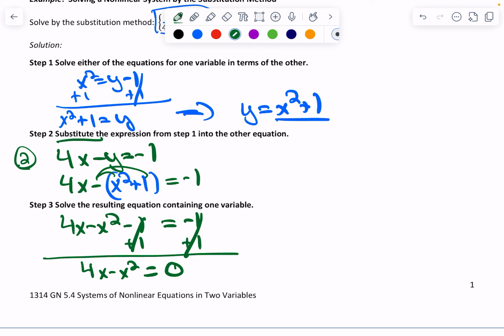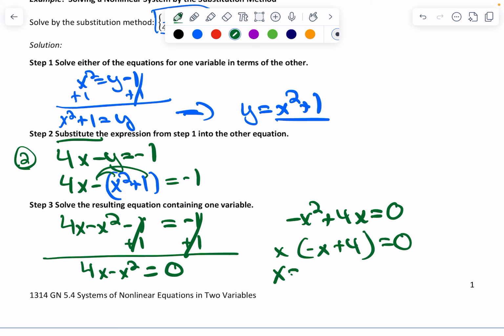We're going to take out the greatest common factor here, x, and what we have left, I'm actually going to flip this over, -x squared plus 4x, because it's a little bit easier to have it in that form. So I'm going to go ahead and take out an x. I have -x plus 4 left as the other factor. So x equals 0, or -x plus 4 equals 0, which means that x equals 4.